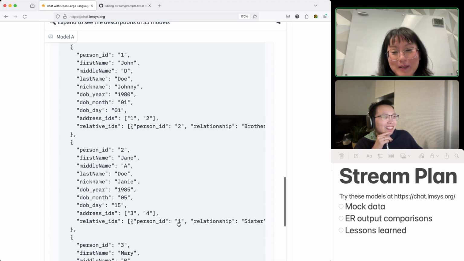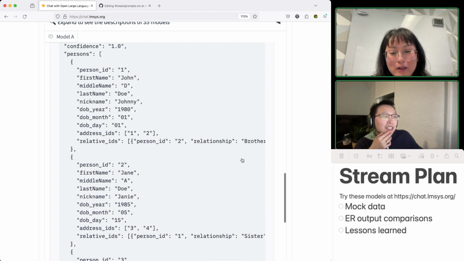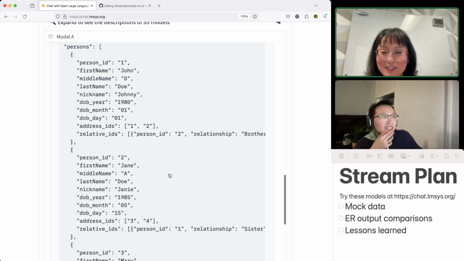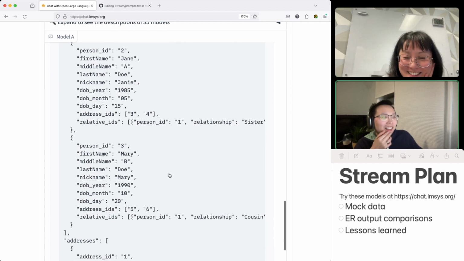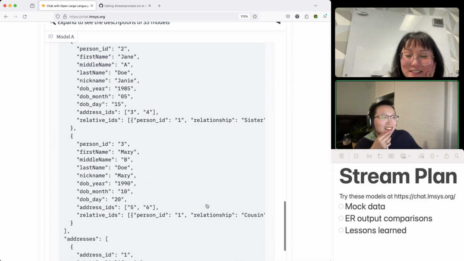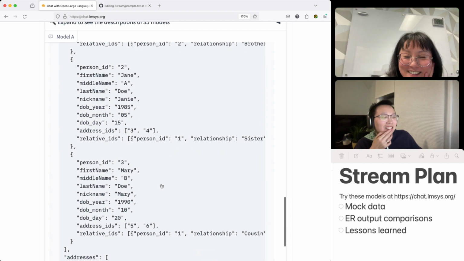That doesn't sound right. It should be the reverse, right? One is a brother and the other a sister. And then marries a cousin.